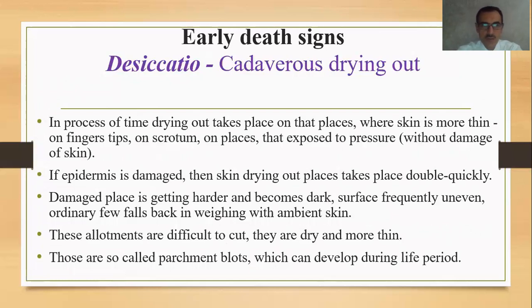In process of time, drying out takes place where the skin is thinner, on fingertips, on the scrotum, and on places exposed to pressure without damage of skin. If the epidermis is damaged, skin drying takes place twice as quickly. The damaged place gets harder and becomes dark, with a surface frequently uneven.